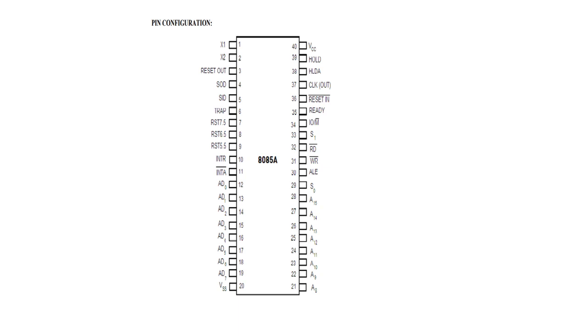It is a 40 pin DIP package, that is dual in line. Dual in line means both sides have the same pins, 20 on the right side, 20 on the left side. Okay, and all these signals are included in the architecture also. So that is all about your 8085 microprocessor.